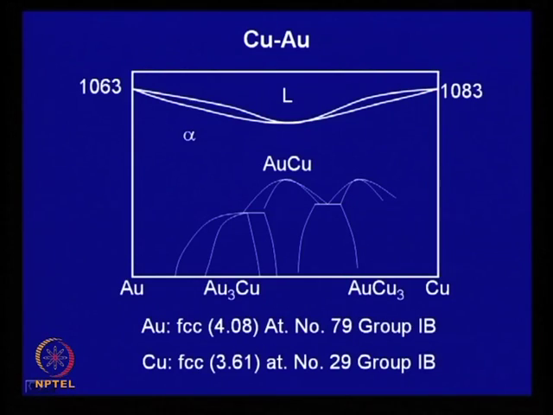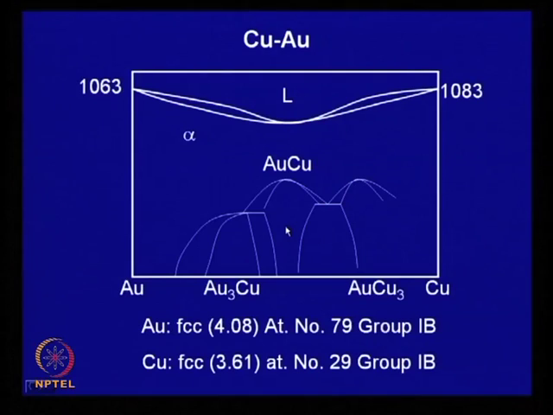Here, particularly look at the central region. Here some kind of ordered structure formation is taking place, some kind of an ordering, where unlike atoms like gold and copper, gold prefers to have more copper atoms as its neighbor, something like this here.